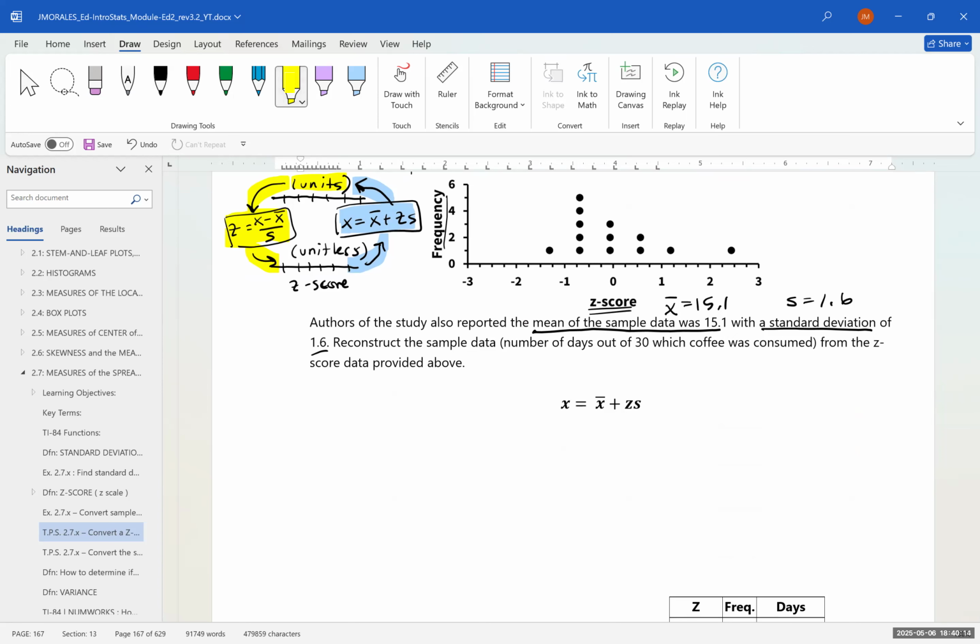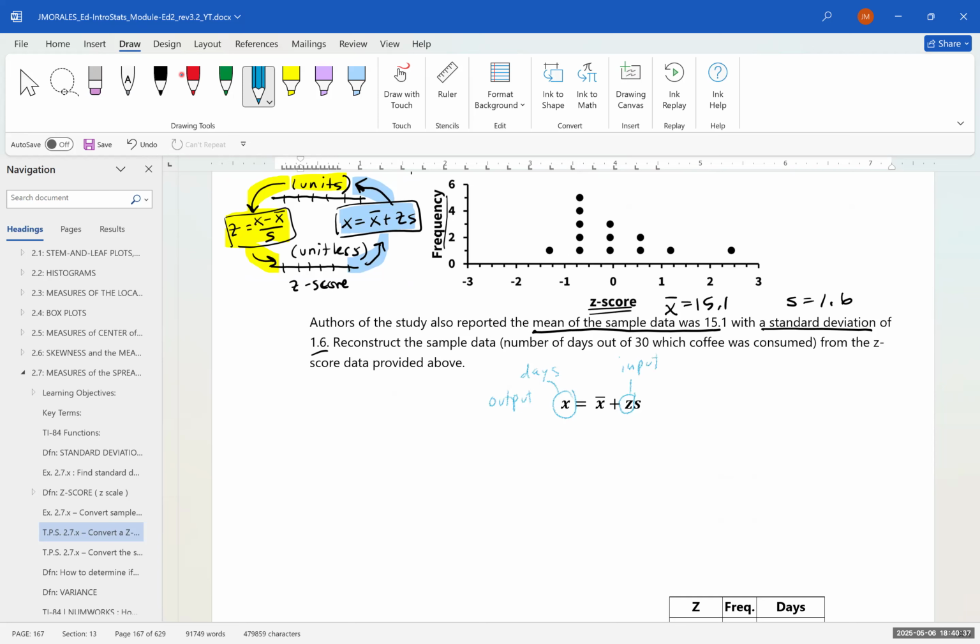What we're trying to get is this value of x, which is our converted value, the number of days that coffee was consumed. That's our output. And this z-score here is our input.